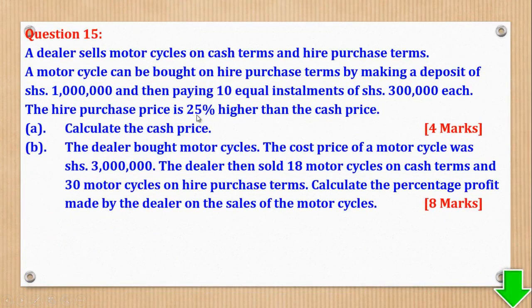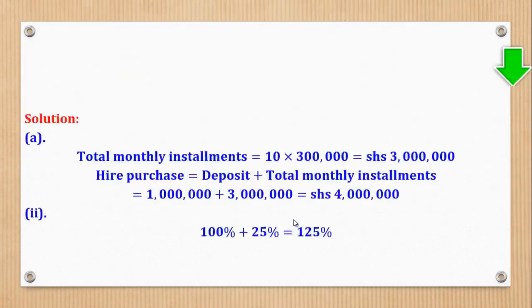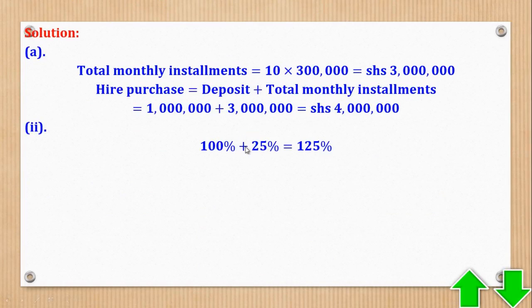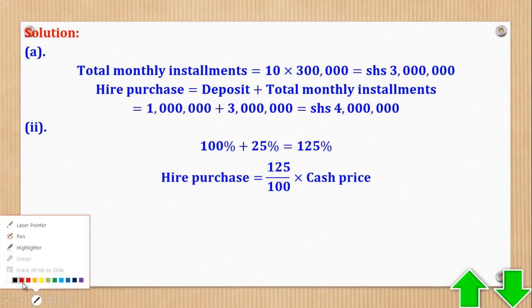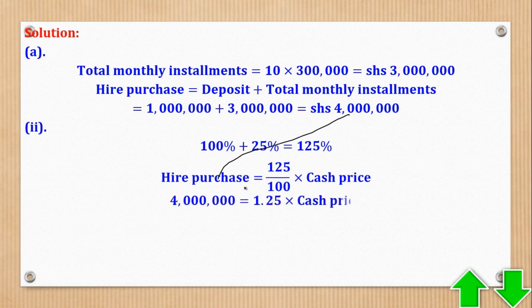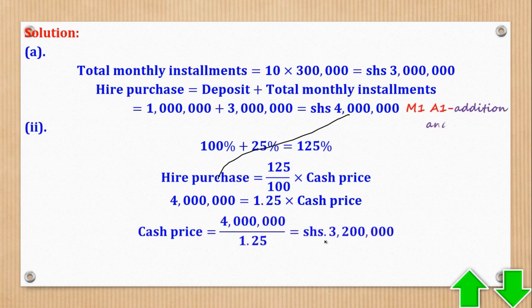Hire purchase price is 25% more than the cash price. So that word more is what makes us add. If they said less, we would have said minus. So 100% plus 25 gives you 125. Therefore, hire purchase price is 125 over 100 times the cash price. We know this hire purchase price, so we can get the cash price by dividing both sides by 1.25 to give you this as the cash price.